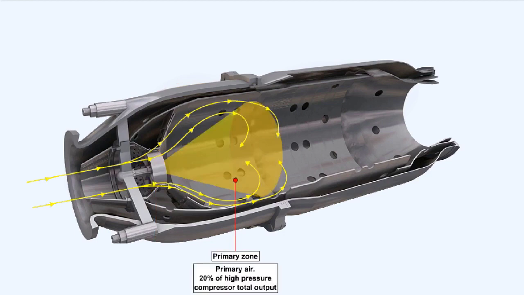The primary zone is a region of lower velocity recirculation, positioned immediately downstream of the fuel spray nozzle. It's within this zone that stable combustion is achieved. The primary air is approximately 20% of the total airflow coming from the high-pressure compressor and into the combustion chamber.